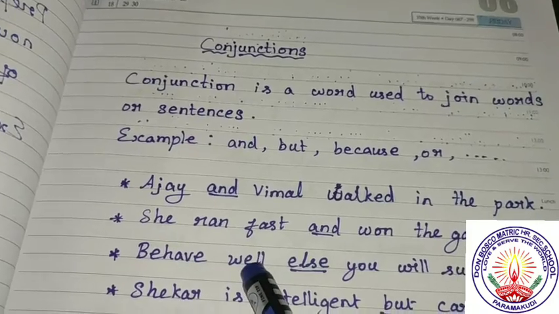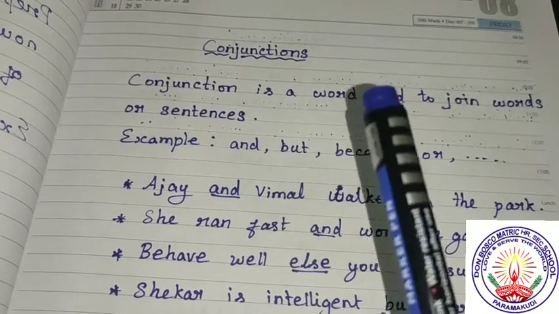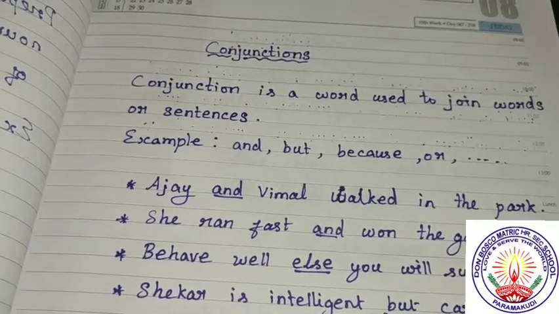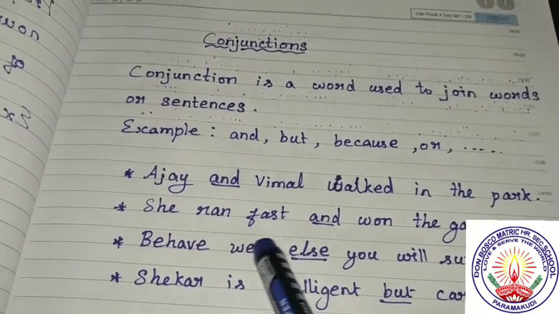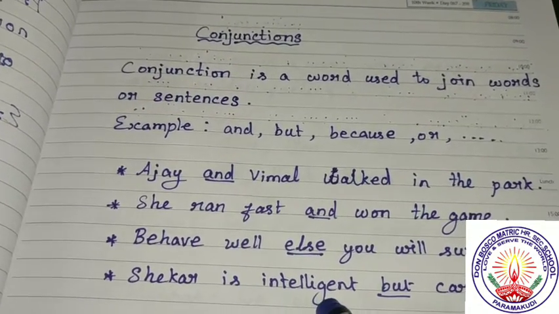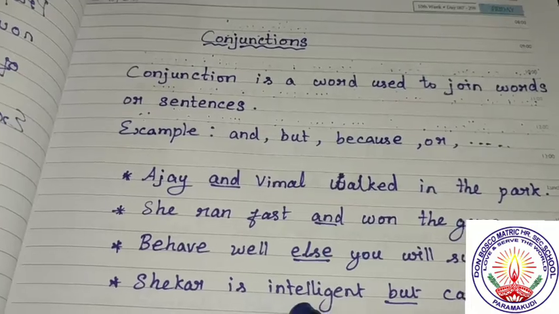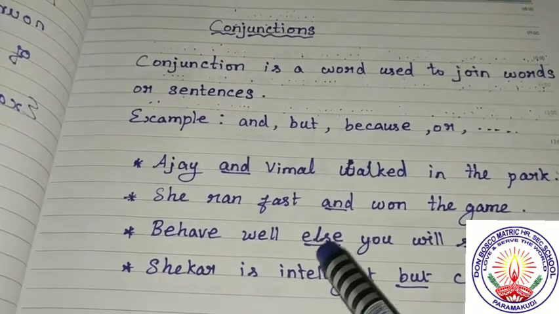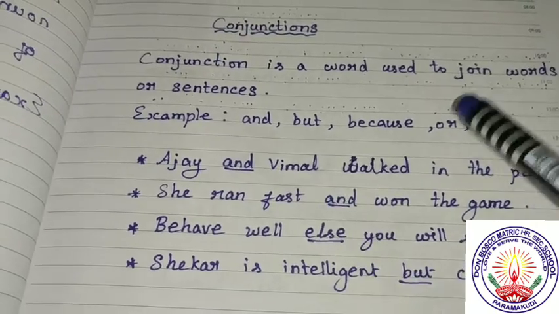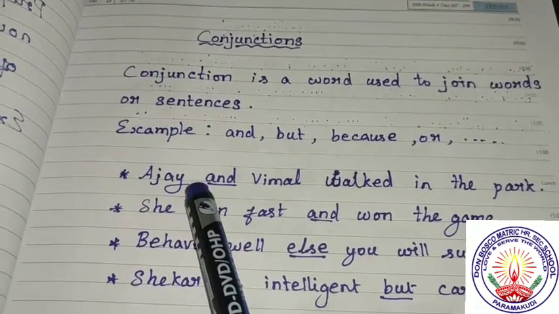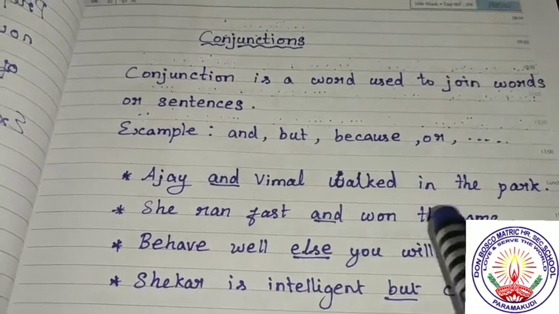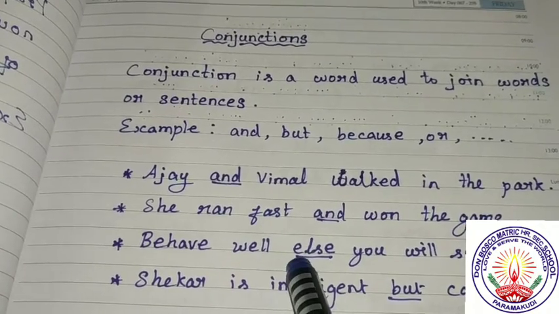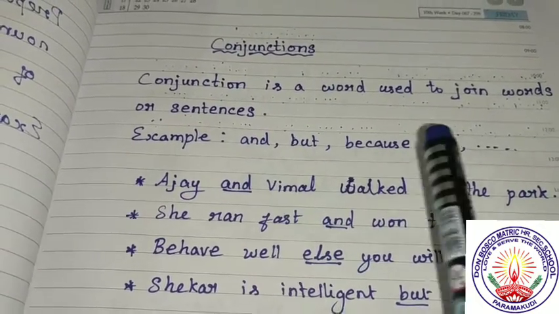Behave well, or you will suffer. Shekhar is intelligent but careless. He is intelligent, but a careless fellow. So but, and, or. These conjunctions are used to join words or sentences.